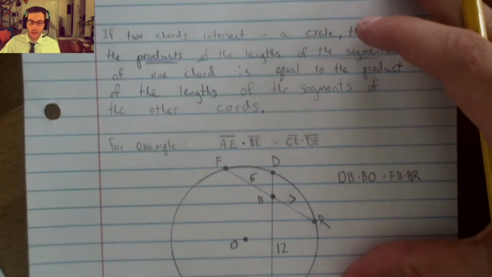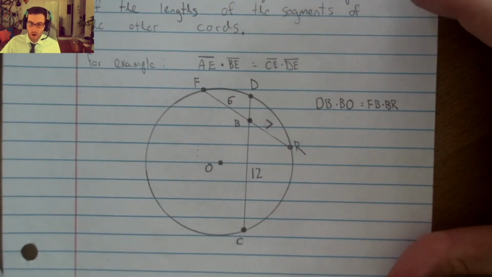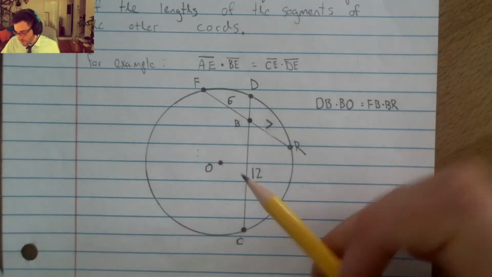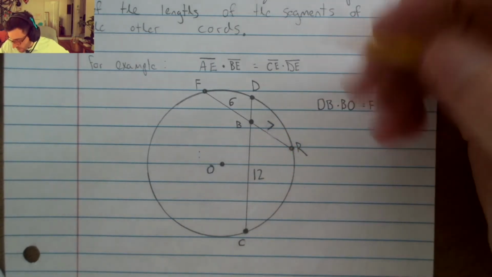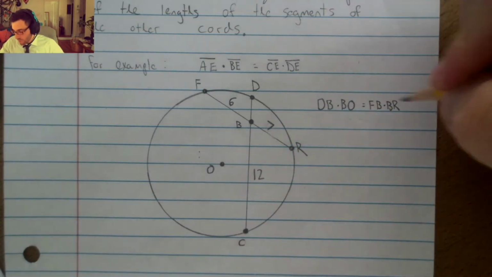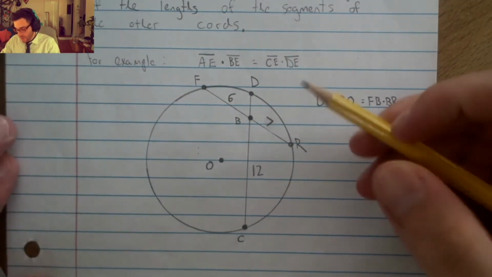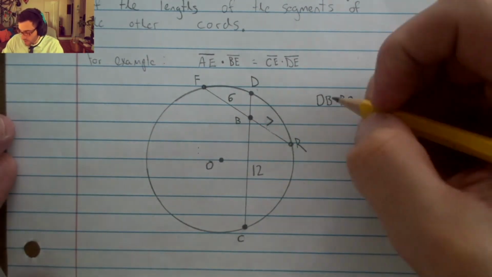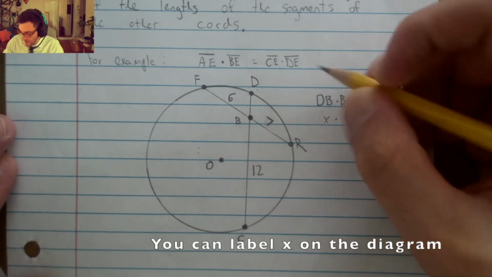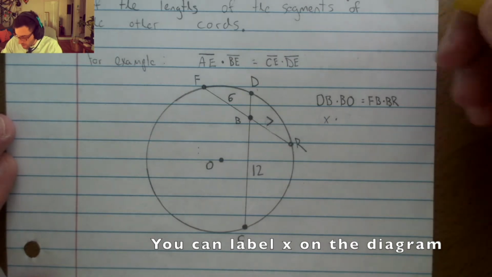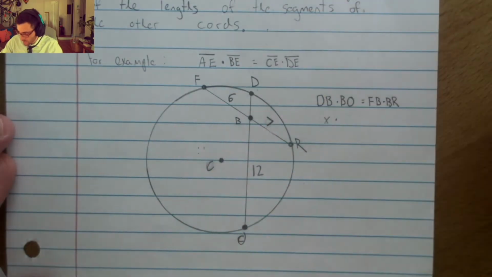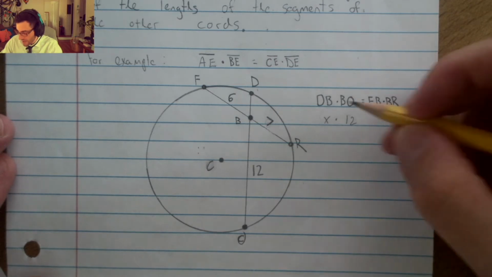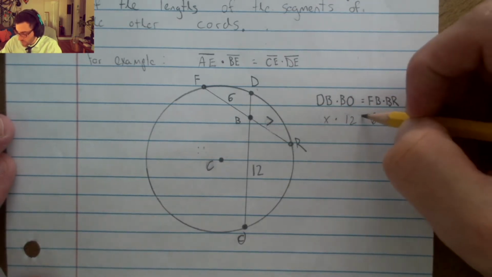If we wanted to take a look at that in a numerical fashion, we have our circle set down along the bottom here, circle O. We have points F, D, R, B, and C. If we were to set up an equation, we'd have DB, which is our unknown, which we can set as x. BC in our circle we can say is a value of 12, equal to FB of 6 times 7.